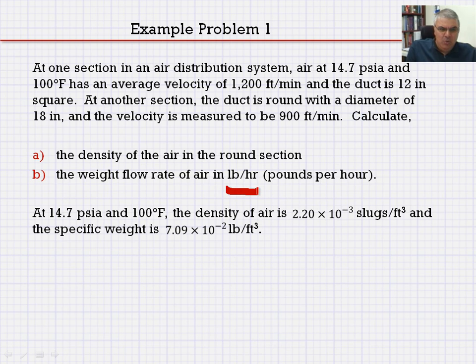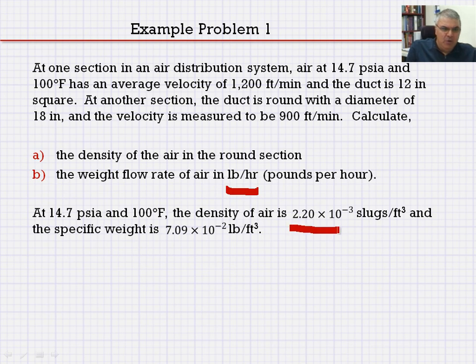So what else do we know? We know that at 14.7 psia and 100 degrees Fahrenheit, the density of the air. Remember, we have discussed these at the beginning of the course, and you've solved problems related to that, so it should not be a stranger to you.